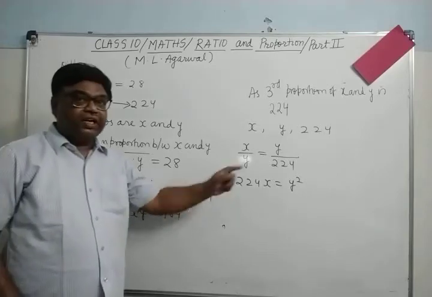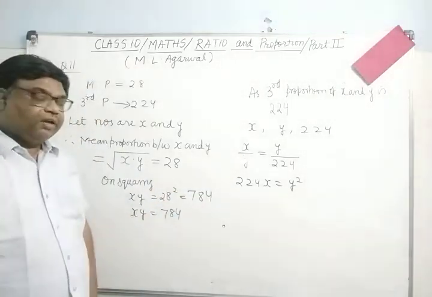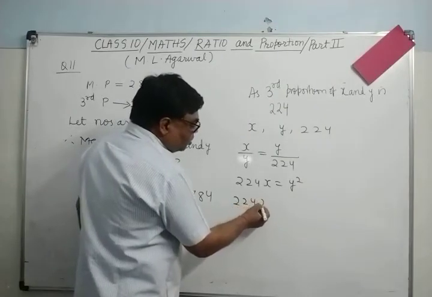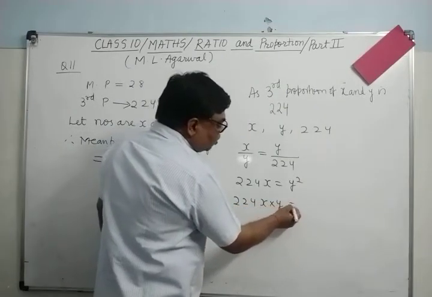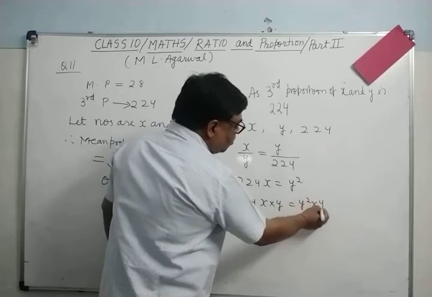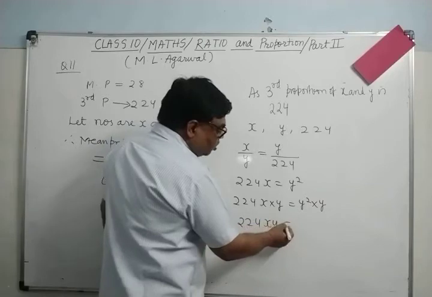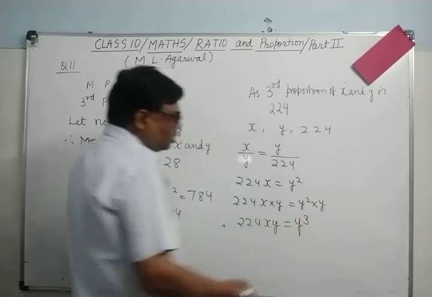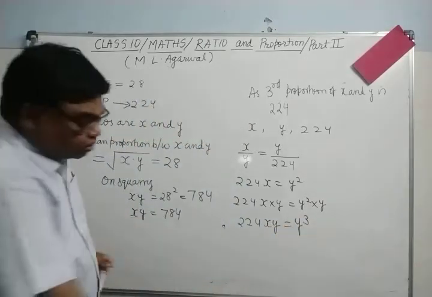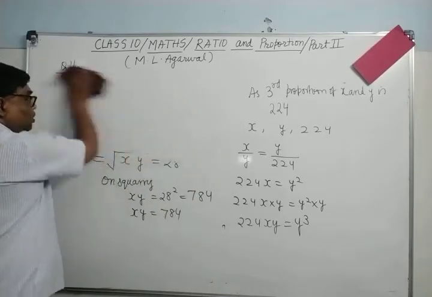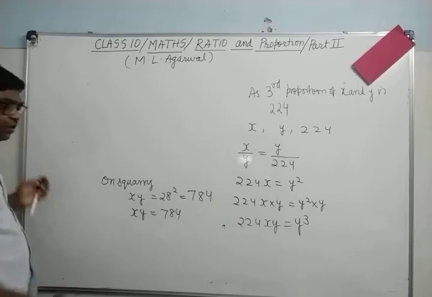Now on both sides you multiply by y. So 224 into x into y equals y square into y. So 224 xy equals y cube. You can simplify here.